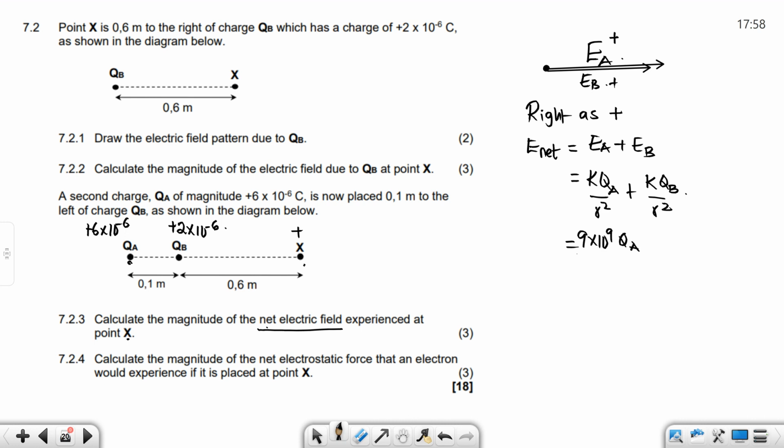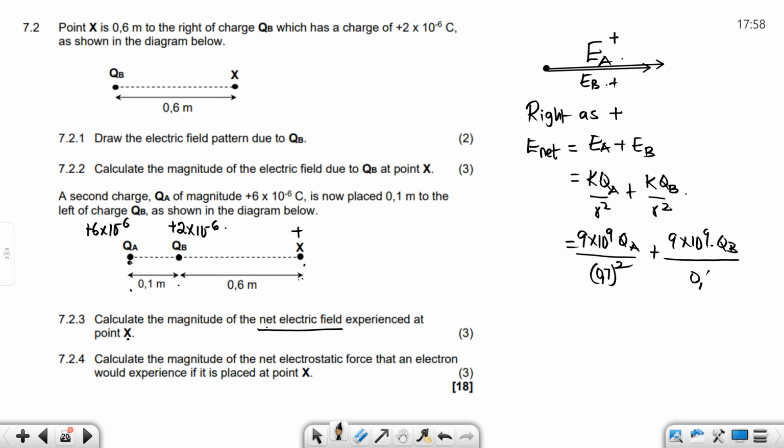Guys, you're going to substitute your QA. I just want to deal with the distance. What is the distance between A and X? 0.7. And again, 9 times 10 to the power 9. You're going to substitute QB. What is the distance between B and X?